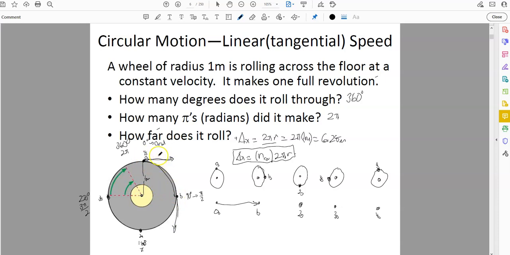It would have a tangential velocity vector, which incidentally is the same thing as the center of the wheel velocity vector. And then now that dot is moving down here, and over here it's moving to the left, over here it's moving up, and then now at the 4th second it's moved to the right. So that's also the distance it's rolling tangentially, not just the wheel itself rolling across. They're the same thing, actually. All right?